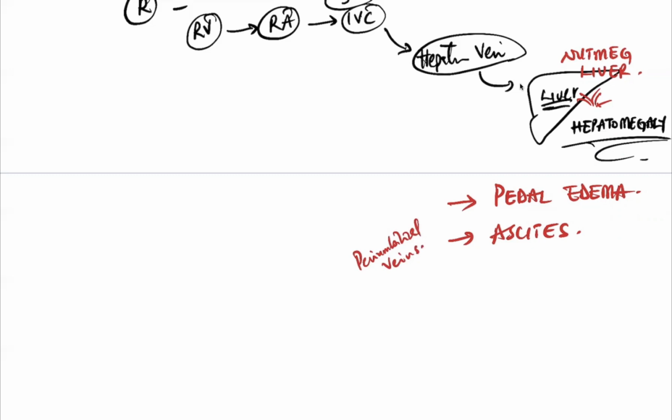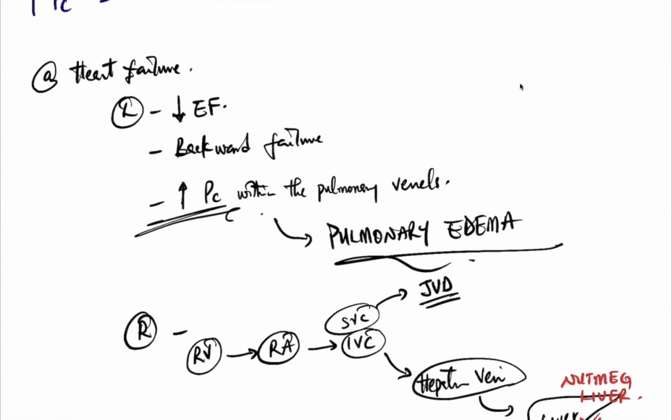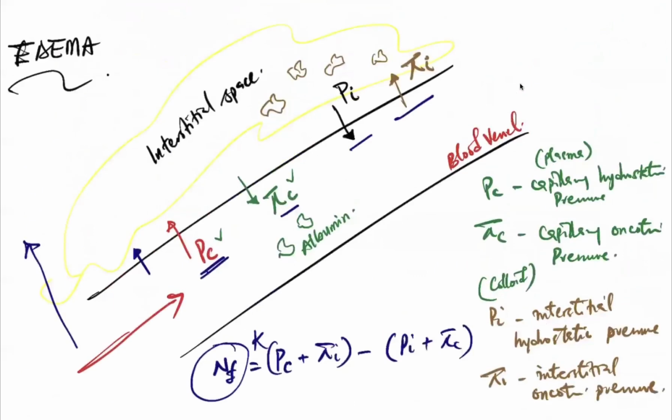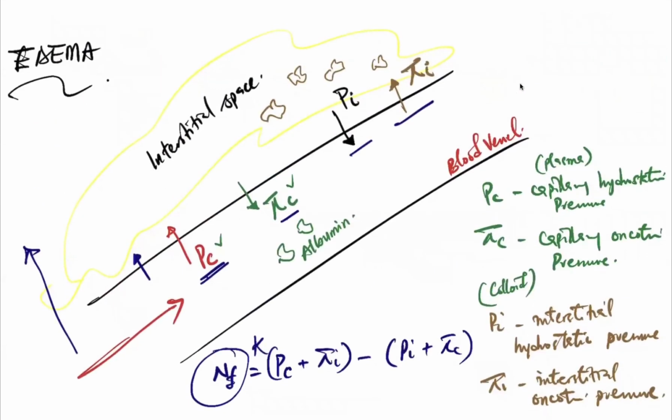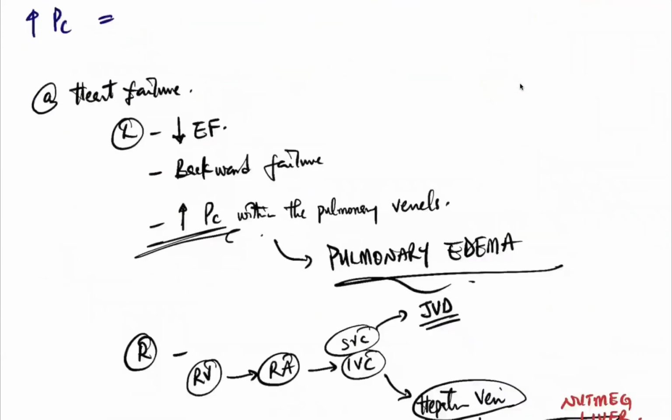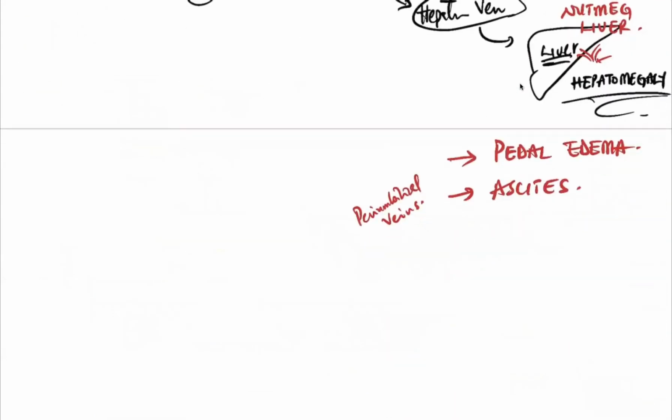So what you see is just by having heart failure, we have all of these possible findings that we could get. And they are all following the same underlying principle. There is an increase in capillary hydrostatic pressure resulting in edema. If someone has liver cirrhosis, two mechanisms work in liver disease, but let's just talk about liver cirrhosis.